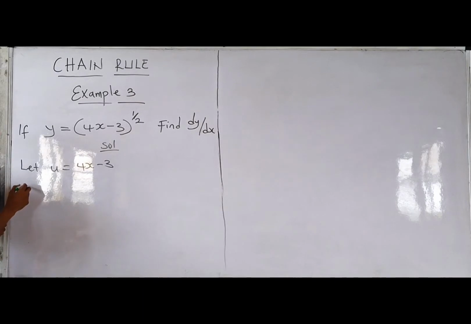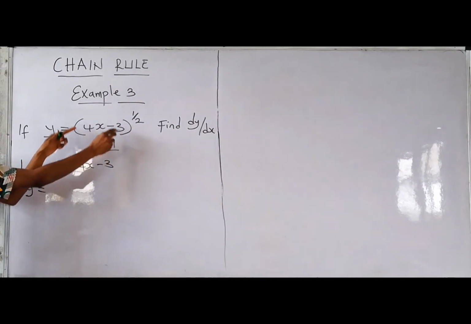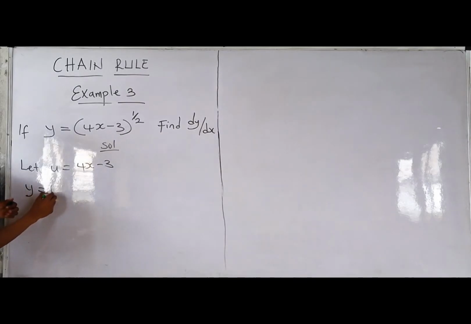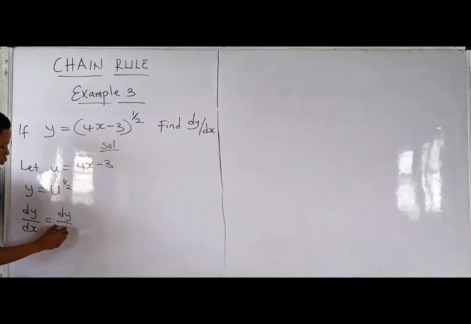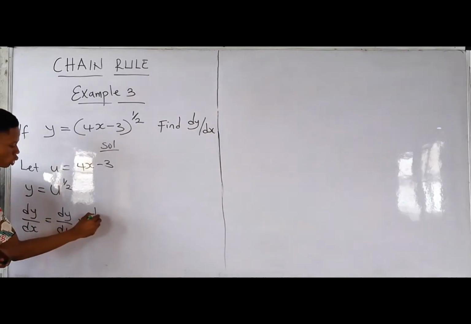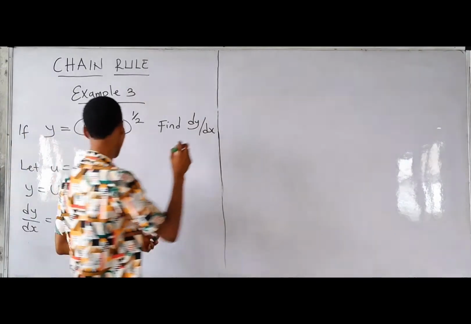This implies that y will be equal to what? Everything in the bracket is now u. So y will be equal to u raised to power what? Half. Is it not? And remember that dy over dx is equal to dy du times what? du dx. Good. So let's solve individually now.